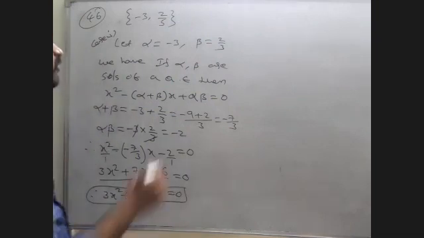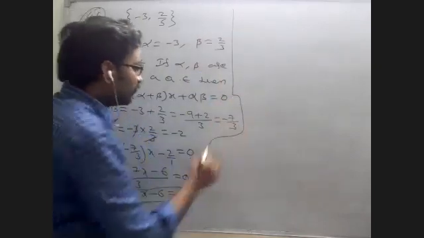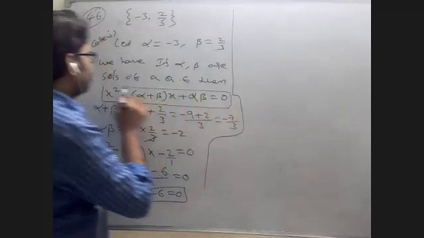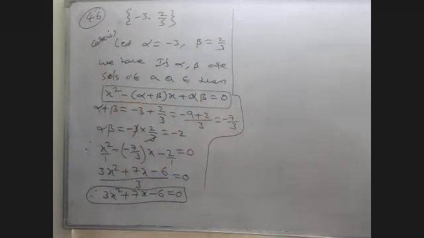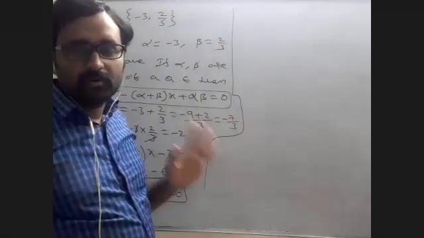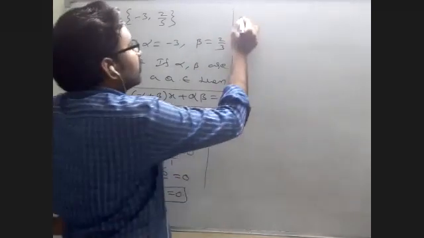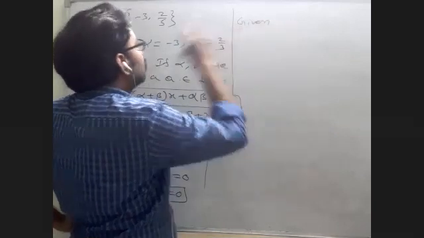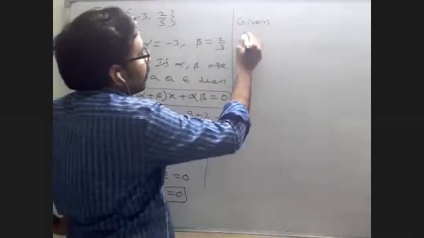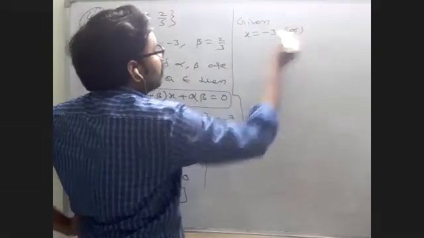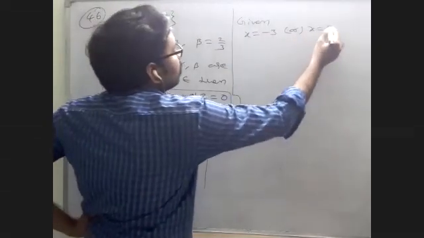This is case number 1, when you remember this formula. If you forget that formula, then given two roots, that is solutions, x is equal to minus 3 or x is equal to 2 by 5.